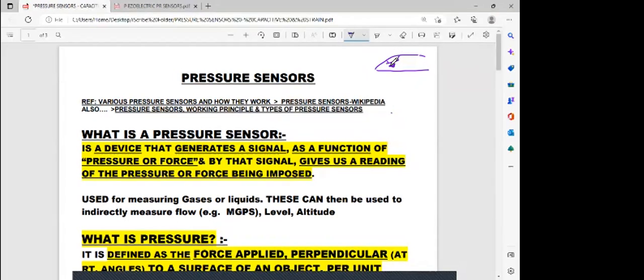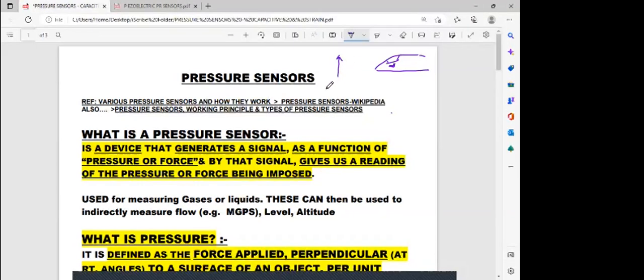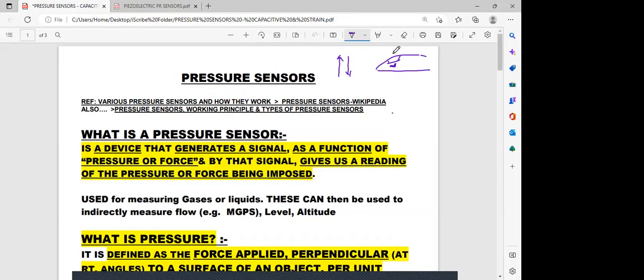Now what had happened? This is a pressure sensor. As you are going higher, your pressure gets lower, and as you are coming down, your pressure becomes higher. Now this one was showing something, and the one on the co-pilot side was showing something else.